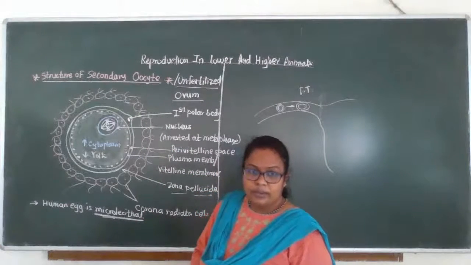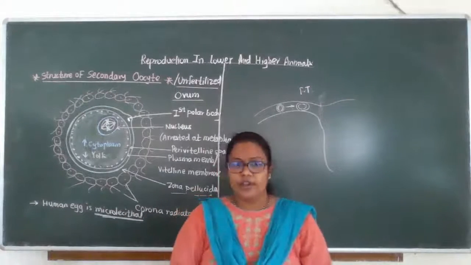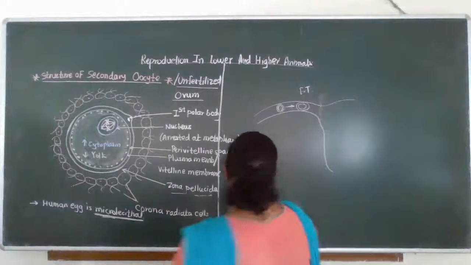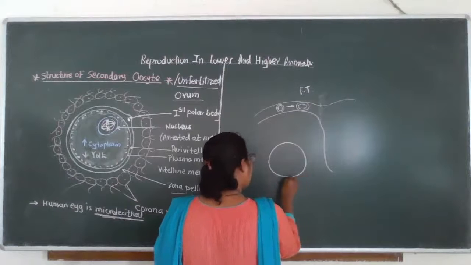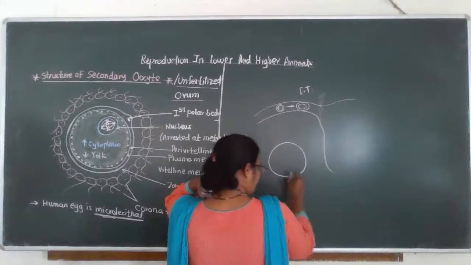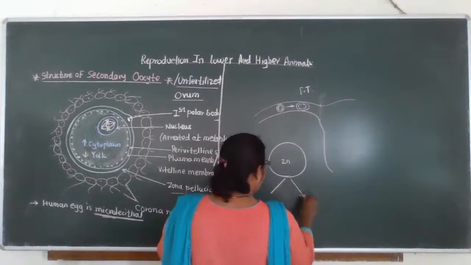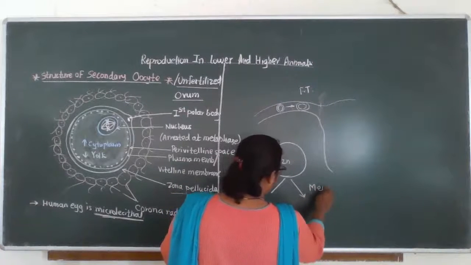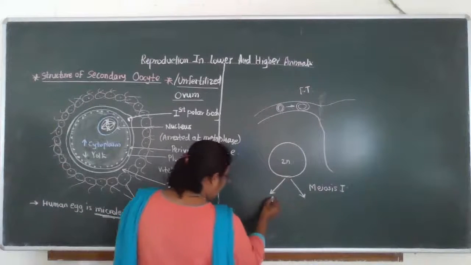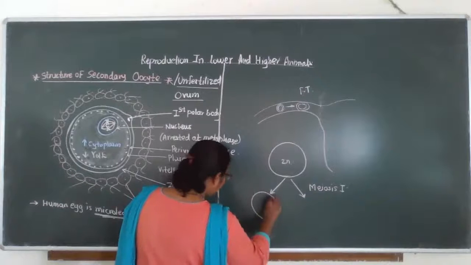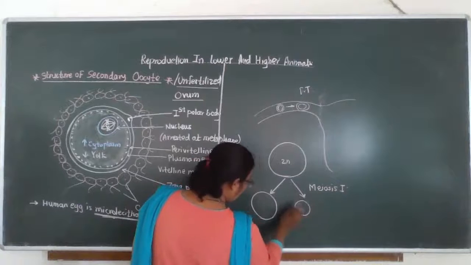As you know, during meiotic division, the cytoplasm is unequally distributed. During the growth phase of oogenesis, the 2n cell first undergoes meiosis I, and during this, the nuclear division happens equally, but unequal cytoplasmic division takes place.